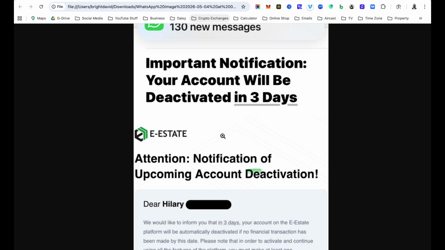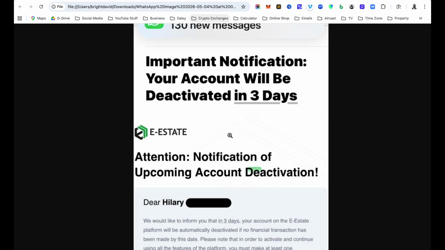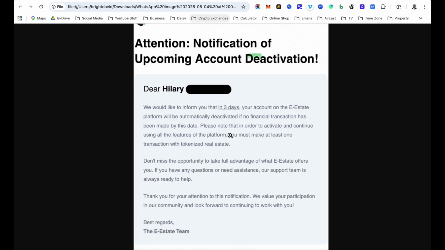eState sent an email out saying, important notification, your account will be deactivated in 3 days. The details of the email were: we would like to inform you that in 3 days, your account on the eState platform will be automatically deactivated if no financial transactions have been made by this date.